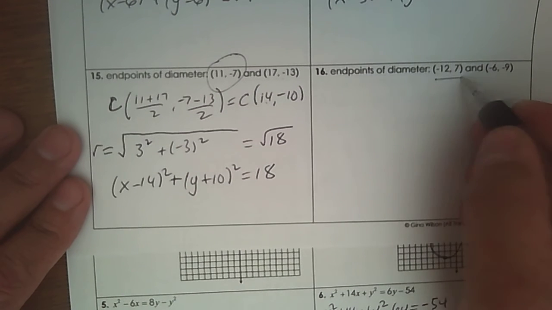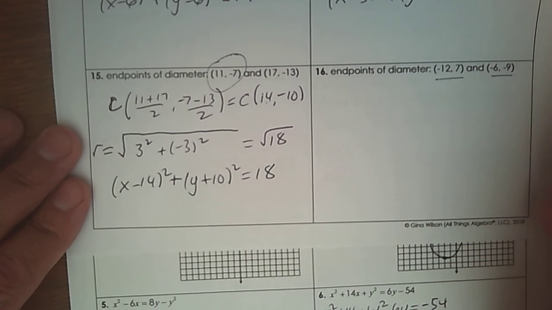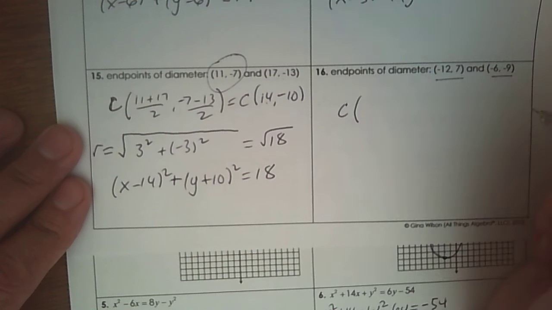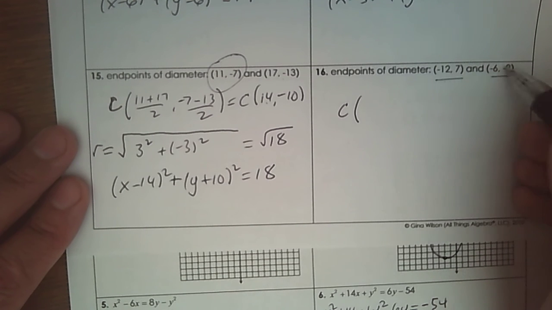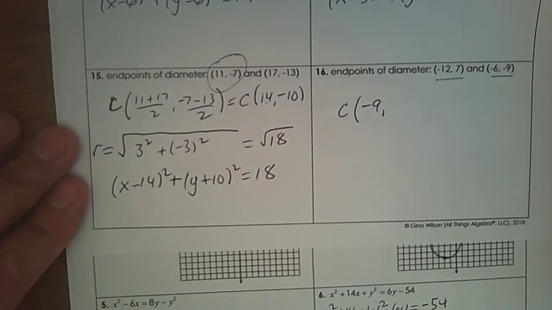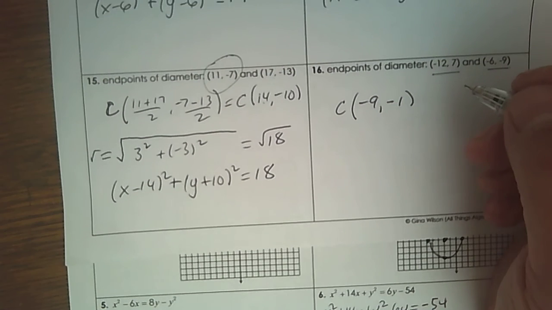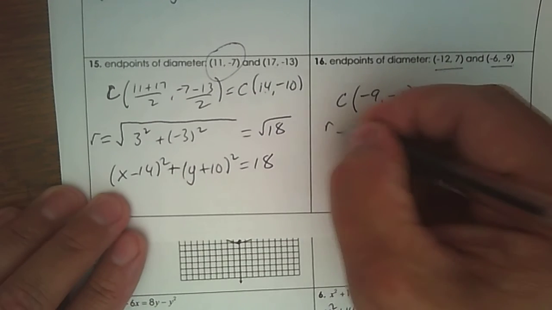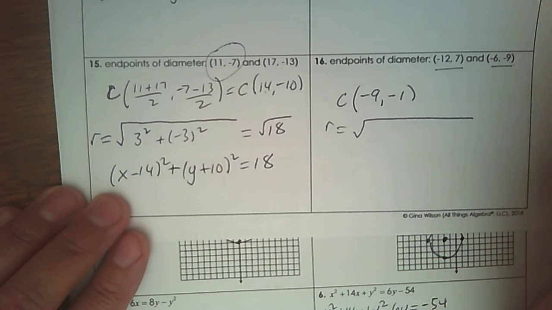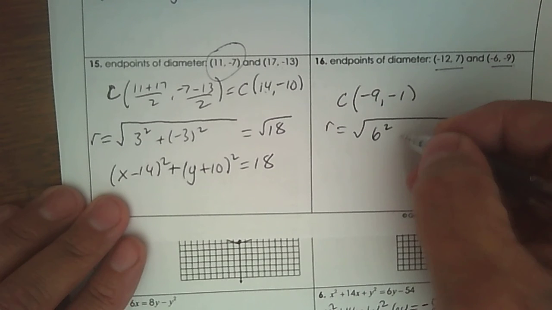You're given the endpoints of the diameter again. So how do you find the center? So to find the center, we're going to add them and divide by 2. We'll just do it in one step. That's negative 18 divided by 2. 7 plus negative 9, that's negative 2 divided by 2. So it's negative 9 and negative 1. To find the radius, it's the distance formula. So subtract the x's, and I get 6.